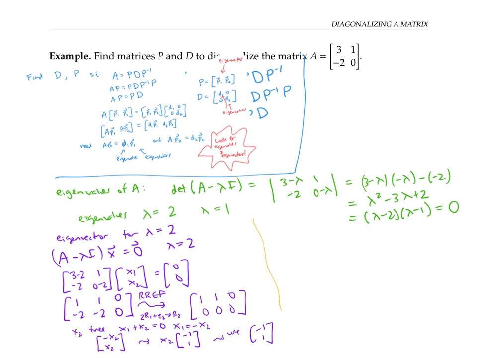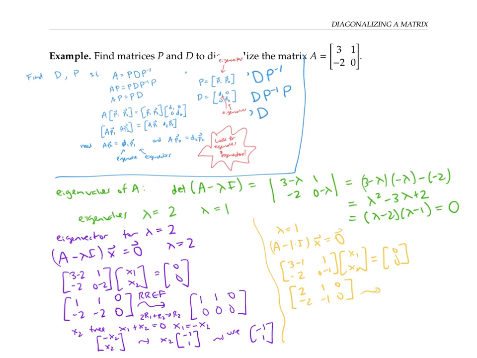Now I'll repeat this process for lambda equals 1. So now I need A minus 1 times I times x equals 0. So that is this matrix times the x1, x2 vector equal to the 0 vector. And I can row reduce the augmented matrix 1, negative 2, negative 1, augmented by 0, 0.